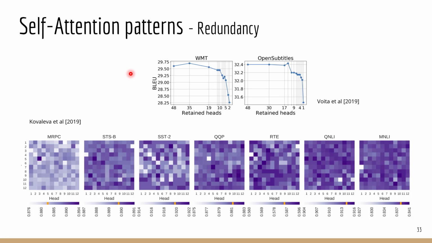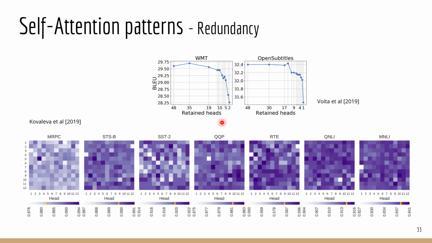So for instance, here is a figure on machine translation powered by a transformer-based sequence-to-sequence model by Voita et al. And here is the number of retained heads in the model. So you start with 48 self-attention heads, and you reduce them to 2.